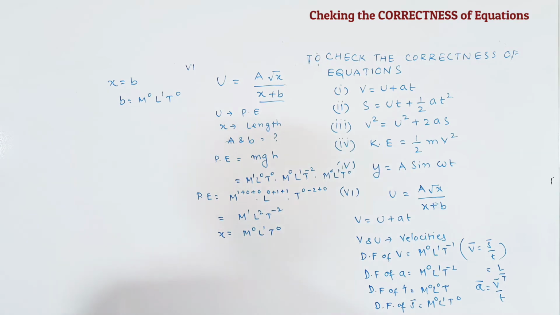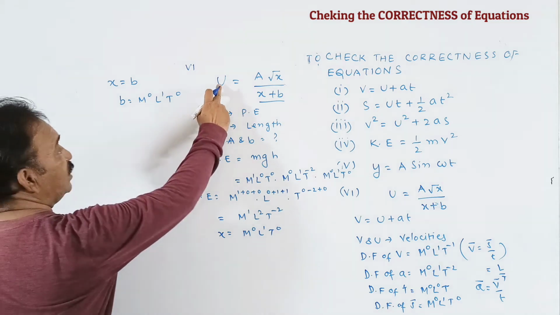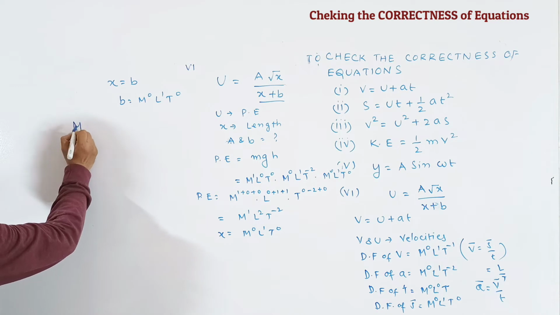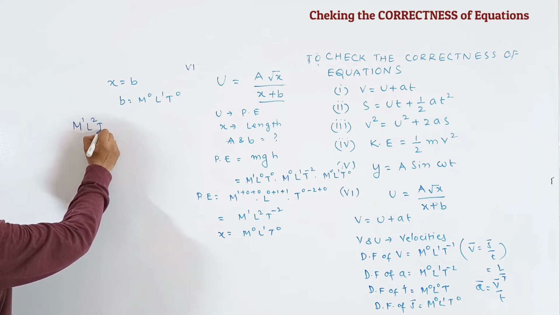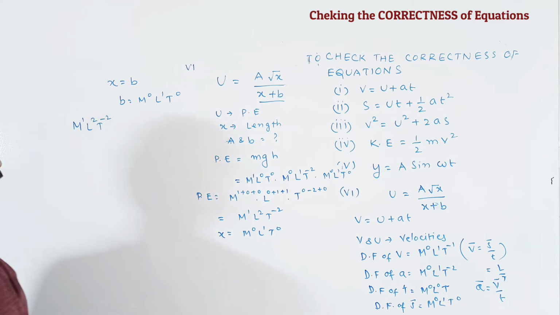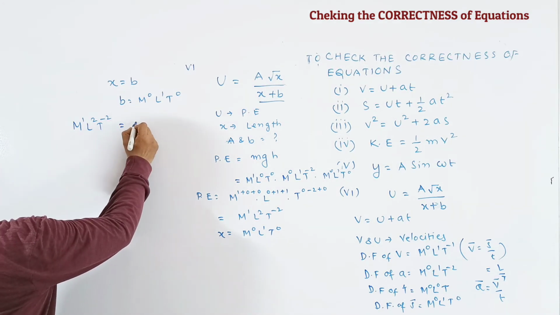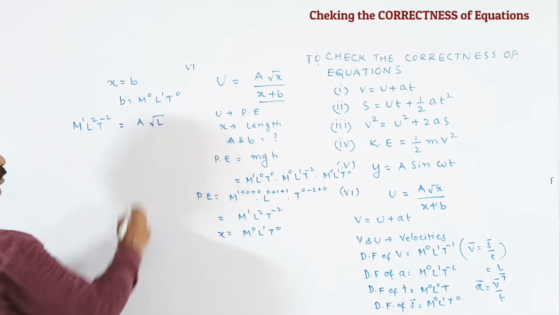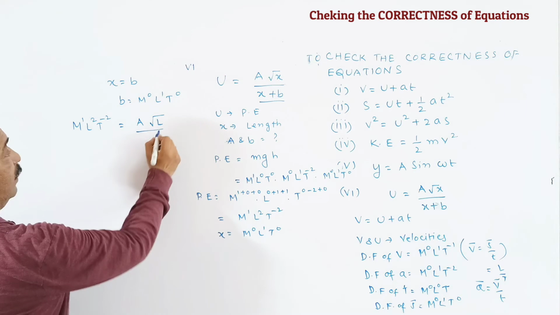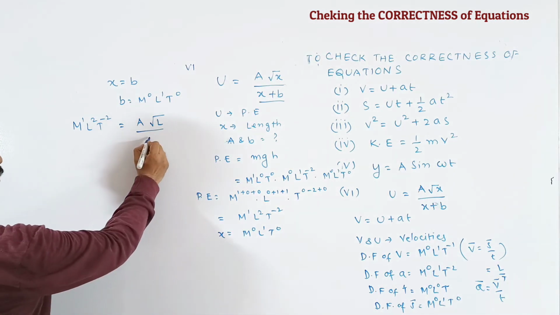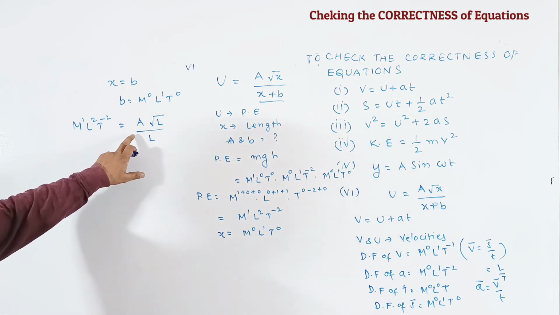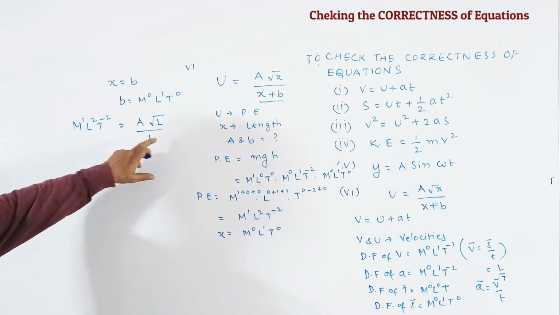And for A, we have to find it from the potential energy U, which I told you is M1 L2 T inverse 2. It is equal to A into root of x, that is root of L, by x plus b, length plus length, which is length itself. You should not worry about the multiplication here. So 2L we have to write.